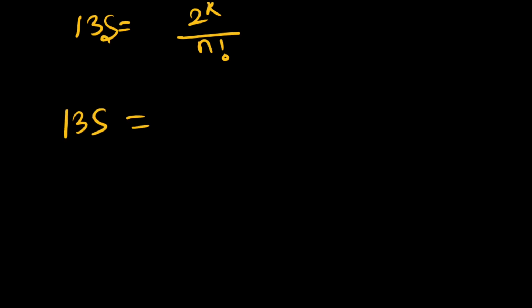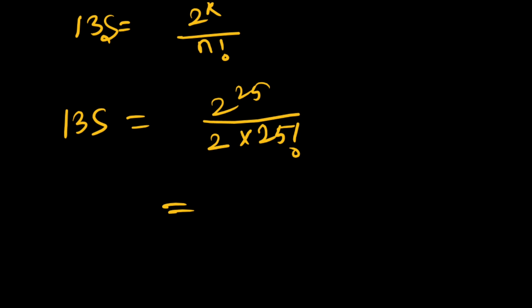Now our goal is to write 13s equal to 2 to the power k over n factorial. Now we got 13s equal to 2 to the power 25 over 2 into 25 factorial. So the 2 and 2 to the power 25 give 2 to the power 24 over 25 factorial.